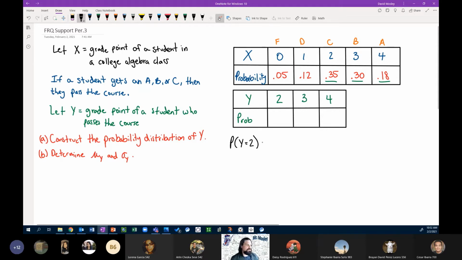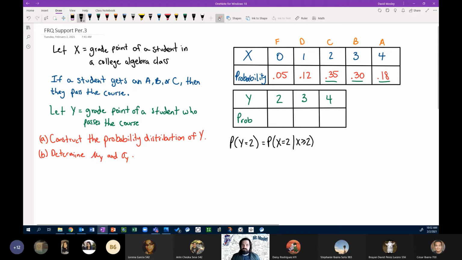Right, we'll do this one first. The probability of y equaling 2 is equal to the probability of x equaling 2 given that x is also greater than or equal to 2. Right? Essentially, it's what's the probability that x equals 2 given that the student passed.